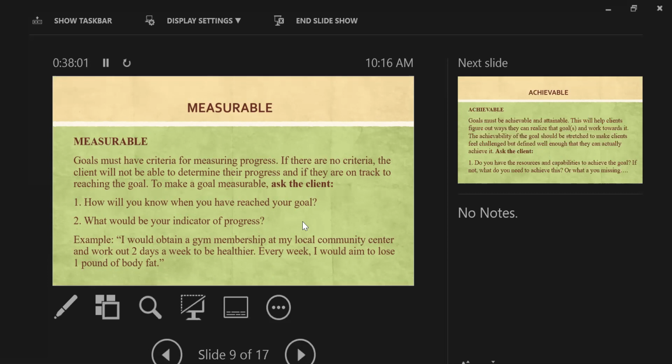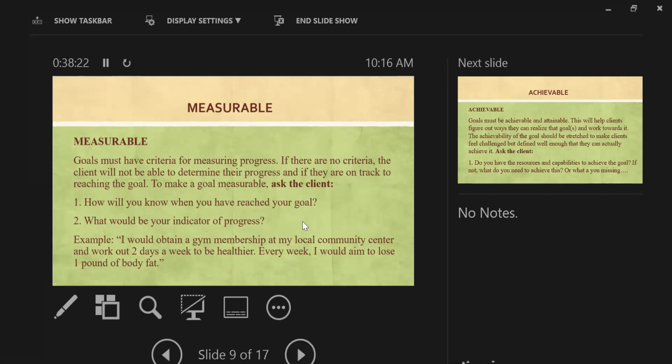It breaks up the behavior, the action, into concrete, manageable steps, rather than "I want to lose weight, but I don't know where to start." Here's where you're going to start.